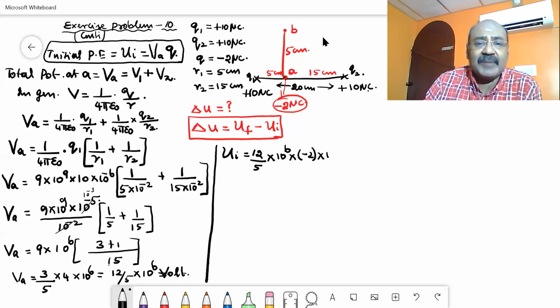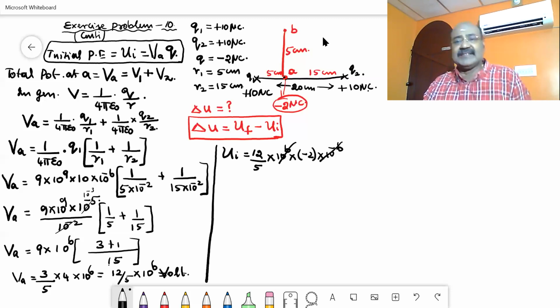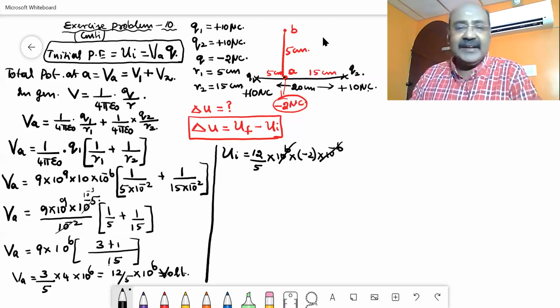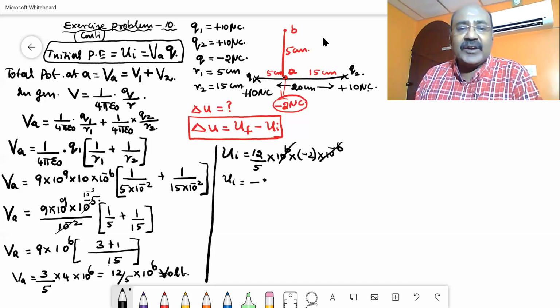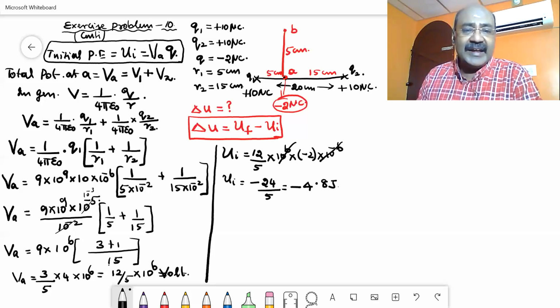So this 10 power minus 6 and 10 power 6 will get cancelled. What is the answer then? The resultant epsilon I is equal to 12 into 2, 24, so minus 24 divided by 5. So I can get the answer as minus 4.8 joule, which is considered to be the initial potential energy.